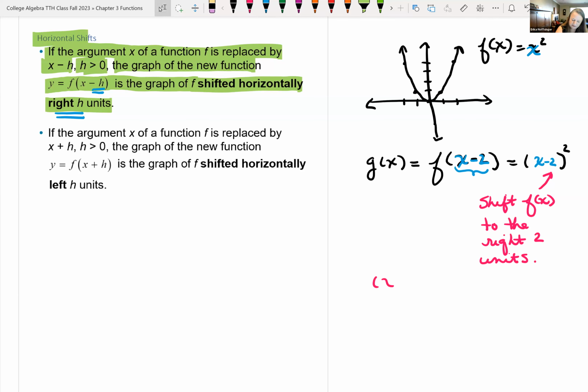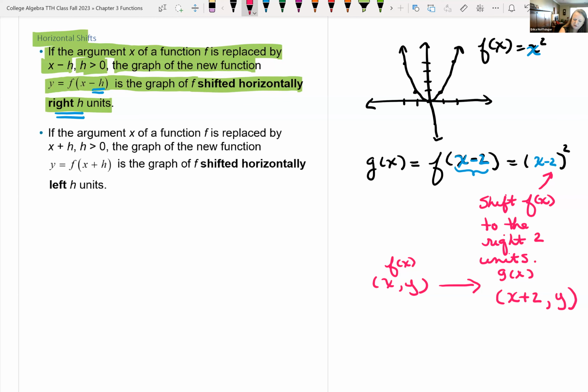So if (x, y) was a point on our graph of f of x, then our new point on g of x, well, you're adding 2 to your x value and your y value is staying the same. So this point (0, 0), my y value is going to stay 0, but my x value, I'm going to add 2 to it.